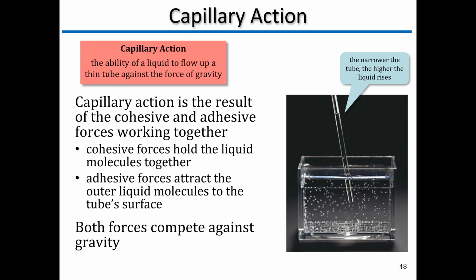That's mainly due to the vacuum, but the actual climbing of the liquid up the straw is due to capillary action. And the smaller the tube, the more narrow the tube, the higher the liquid will rise. So something like a straw is pretty fat compared to a capillary tube, but you do see some capillary action there. But a capillary tube is very, very narrow, so you see a lot of capillary action. Basically, both forces compete together to fight against gravity, and it will cause that liquid to rise up the tube.